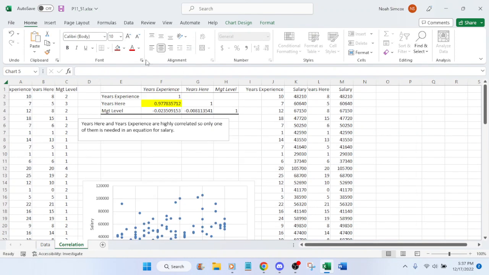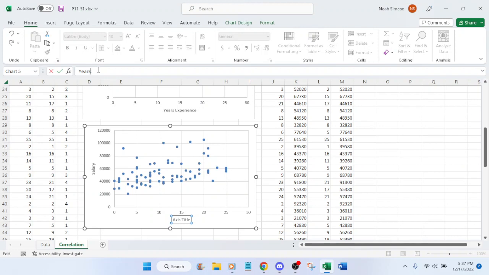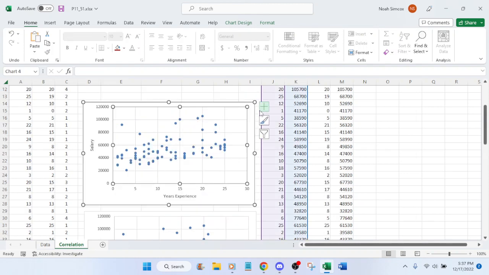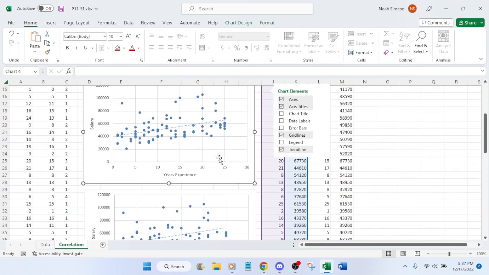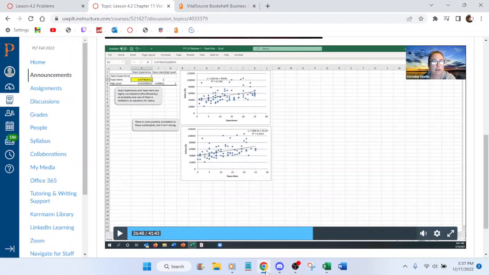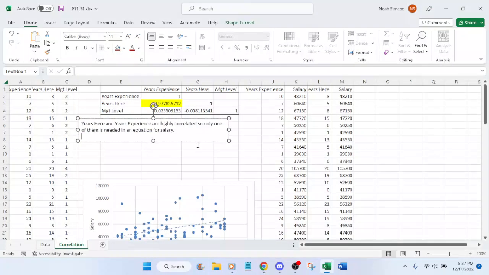Years here. Trend line. There is some positive correlation in these scatter plots.